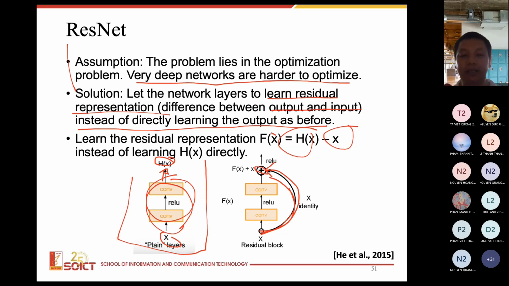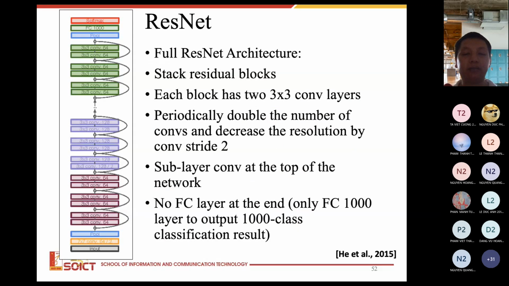In the other case, every signal has to go through different layers, and in that way you may lose the information due to the vanishing gradient or gradient explosion. In the ResNet, you have the shortcut so that the information can bypass that block and go directly to the output, right? Okay, so that was the idea about the ResNet.